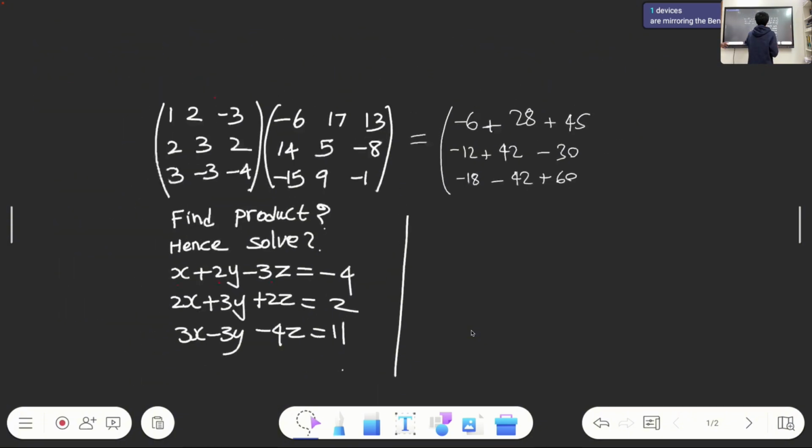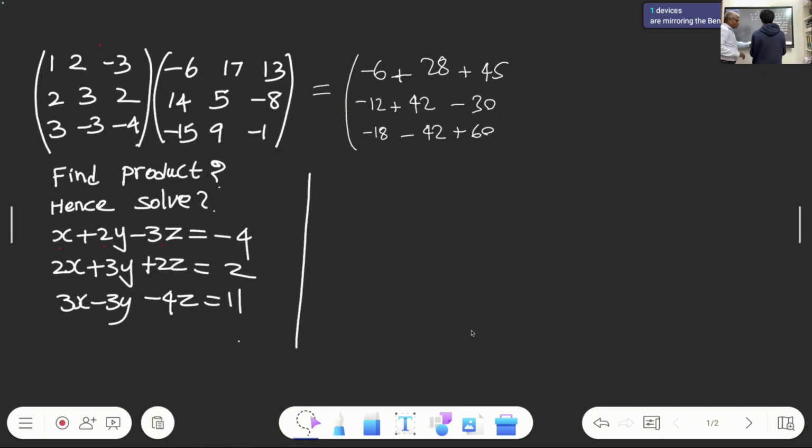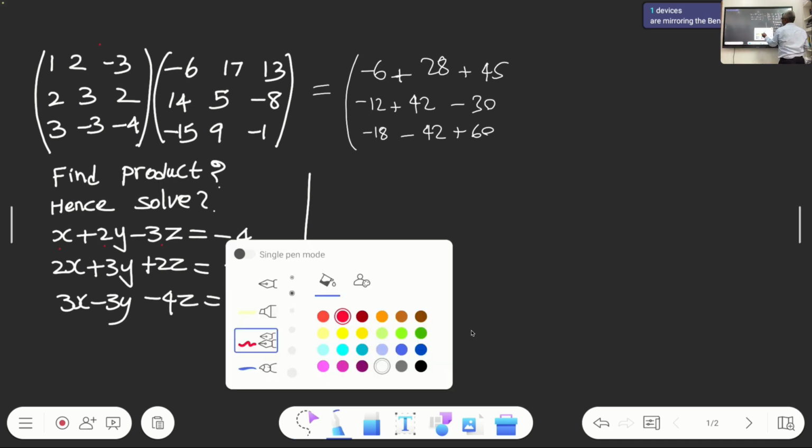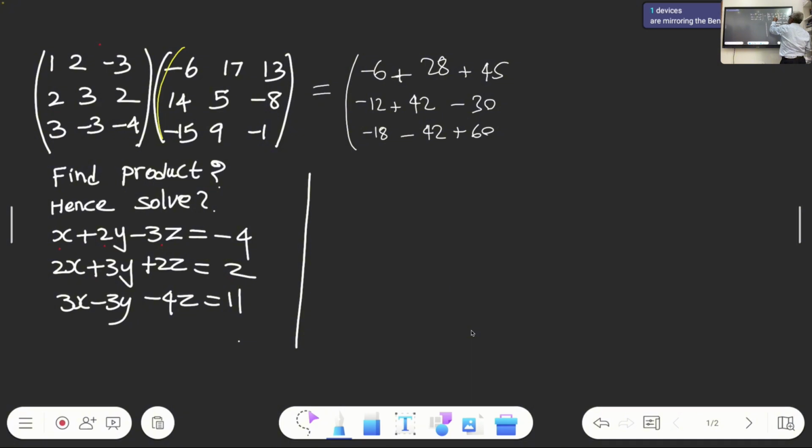One thing maybe students know, but always explain how to multiply. Minus 6, 14, minus 5 he used, and multiplied with the second matrix first column. He multiplied with the first matrix first row, second row and third row.